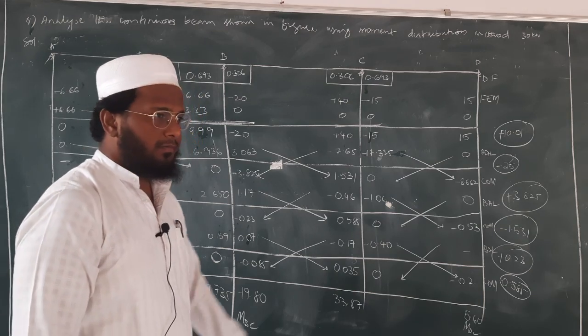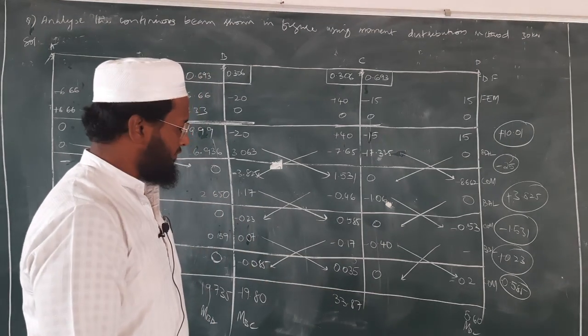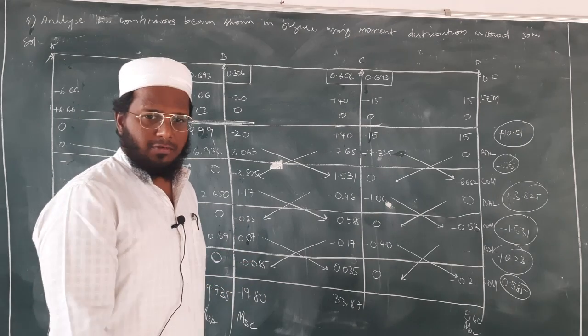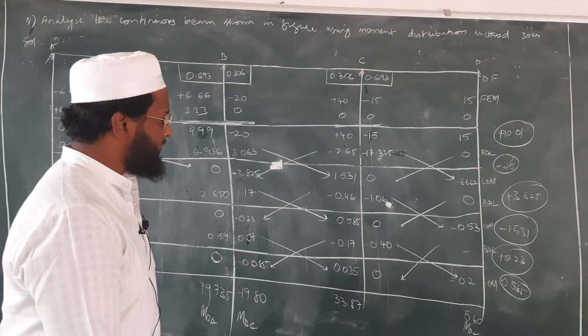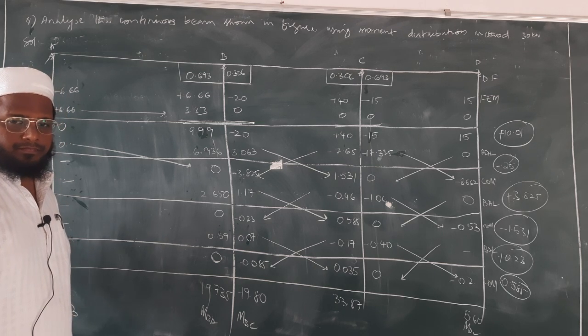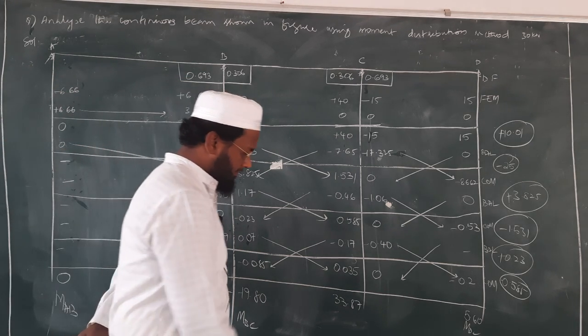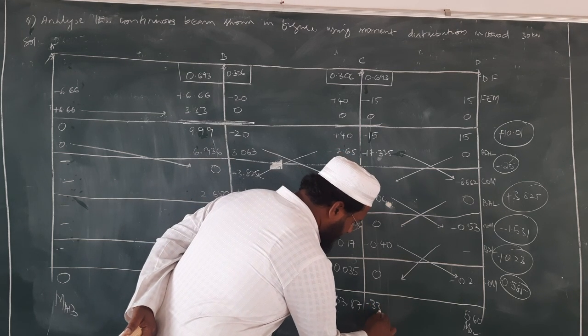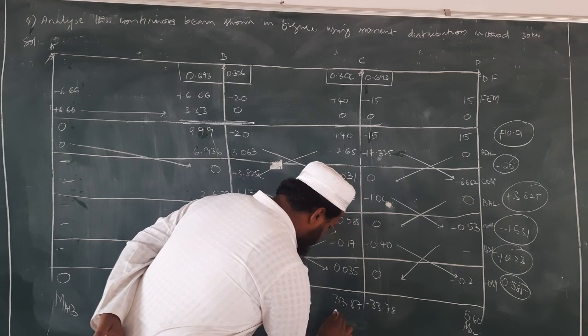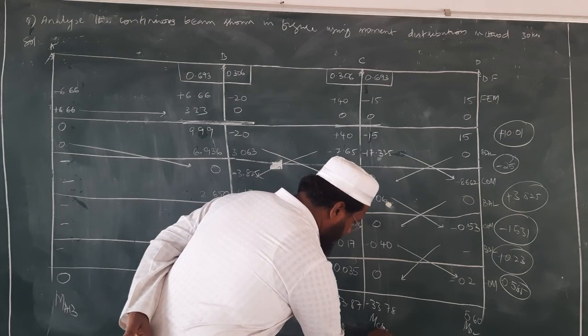What about this value? Somewhere around 33 something you will get, minus 33.78. This is MCB and this is MCD.